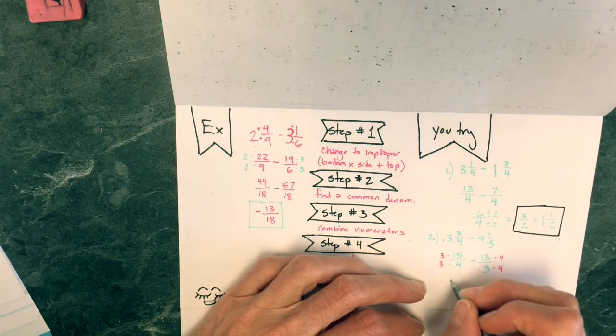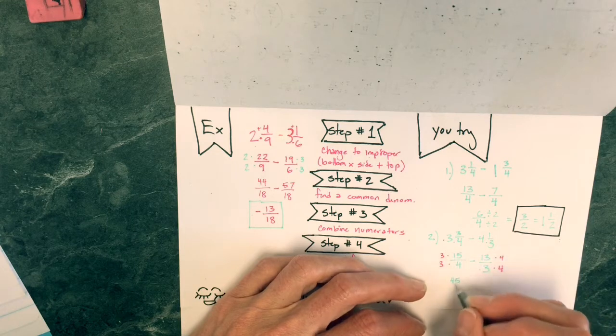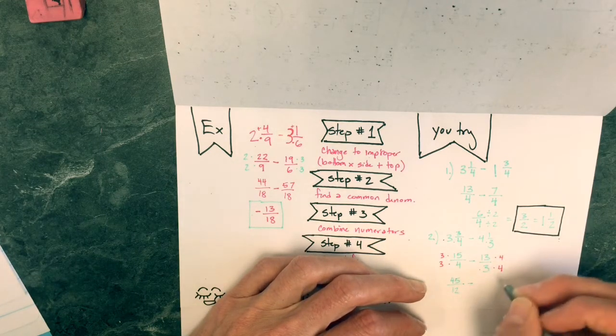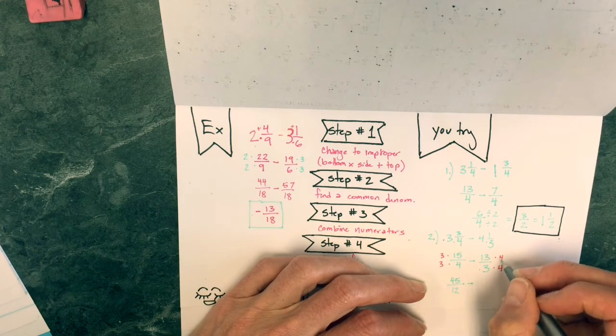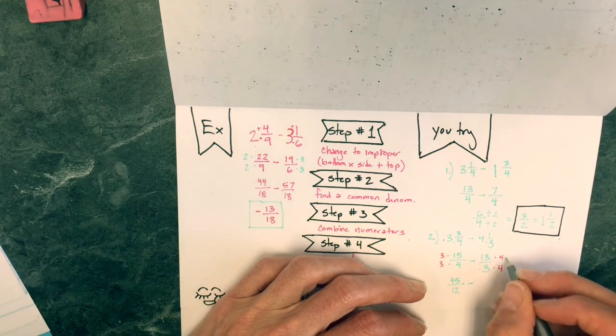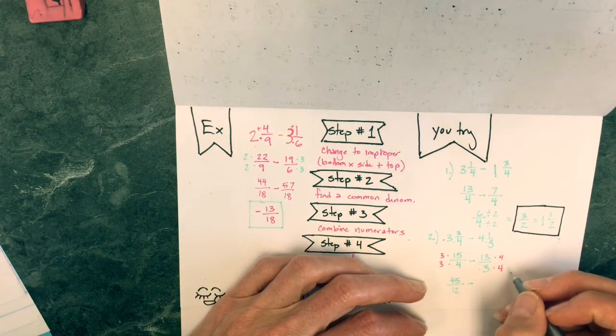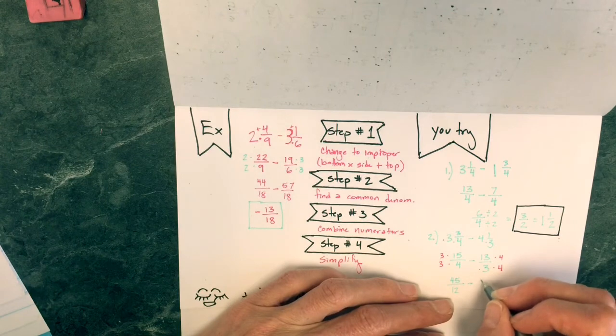So I get 45, 3 times 15, over 12, minus, I need to multiply 13 times 4. Let's see, 15 times 4 would be 60, so minus 8 would be 52.